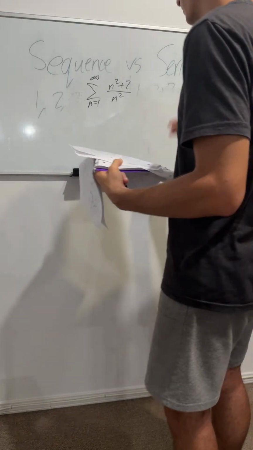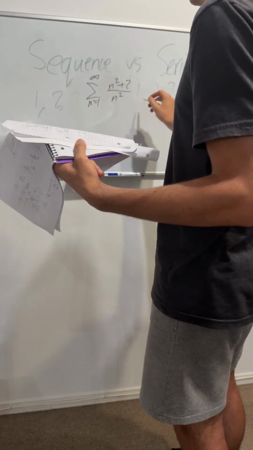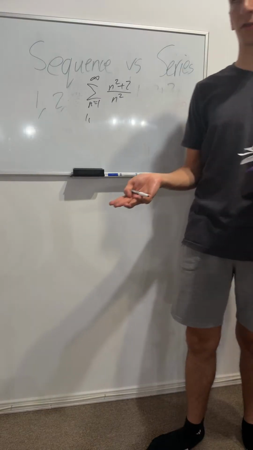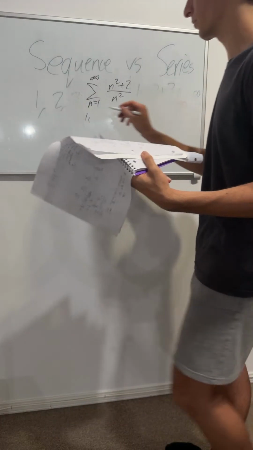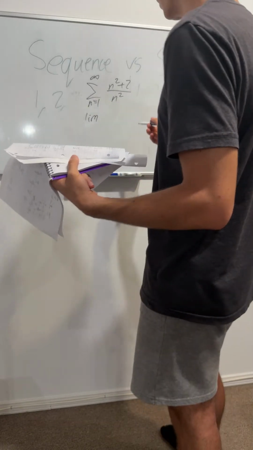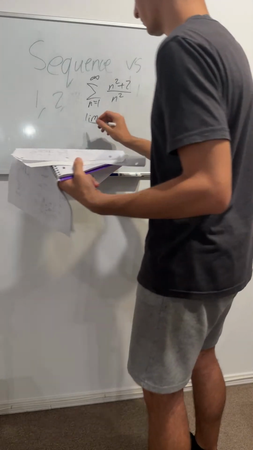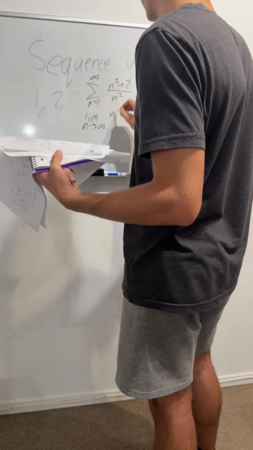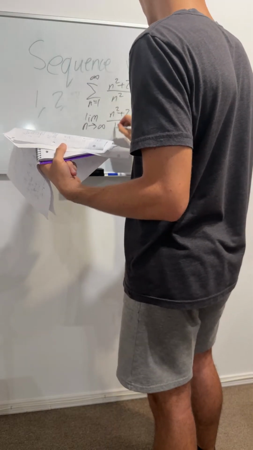The thing is, NTT is something that you could do regardless of if it's GST or not. So that's the good thing about NTT. If you can do NTT, that's the easiest thing you can do. You want to go always for the easy things. So limit as n approaches infinity of n squared plus 2 over n squared.